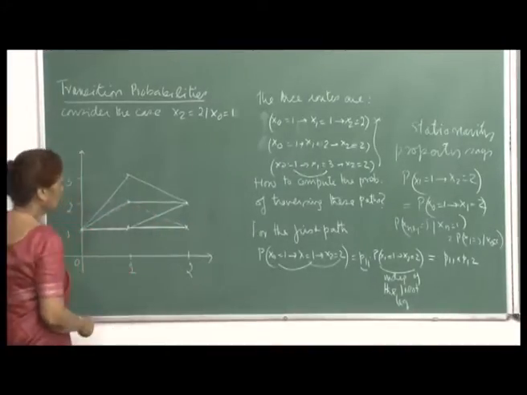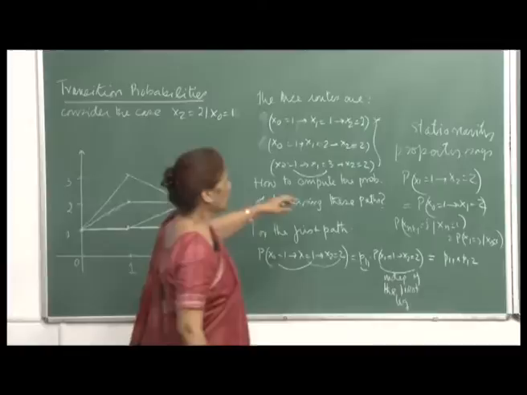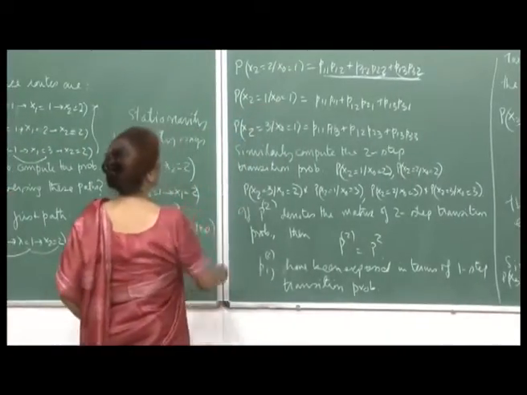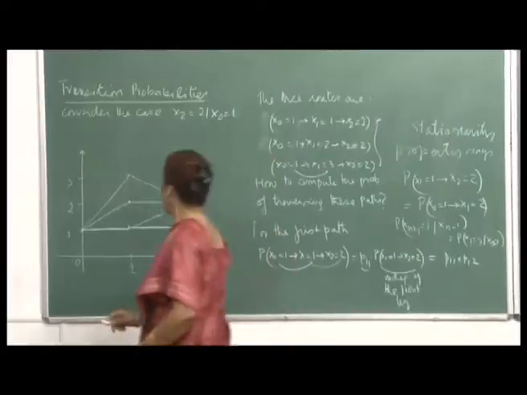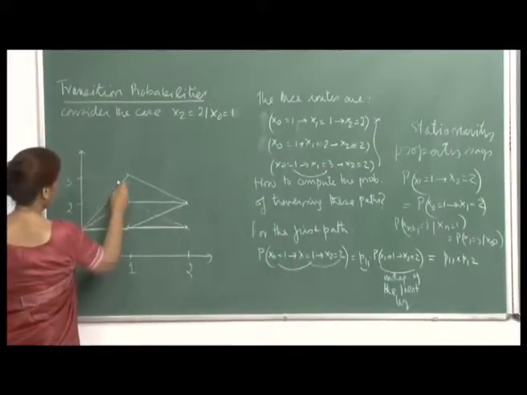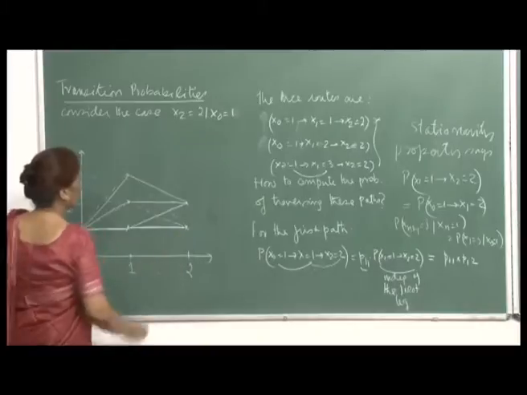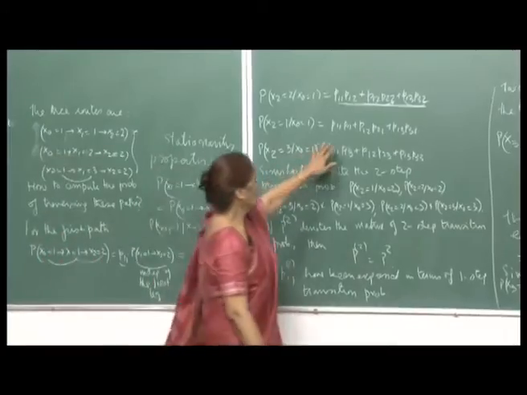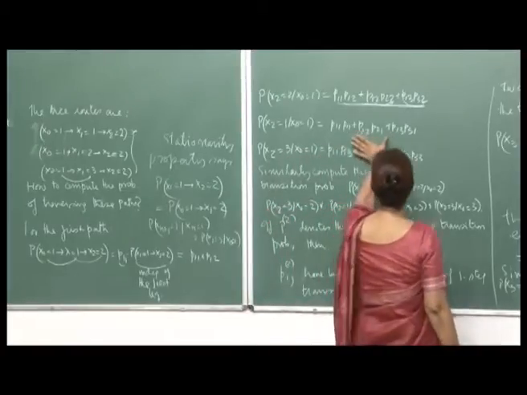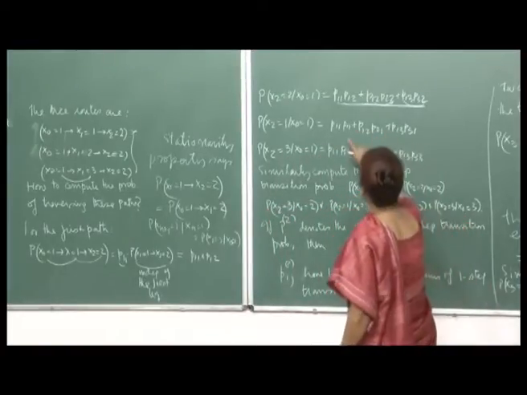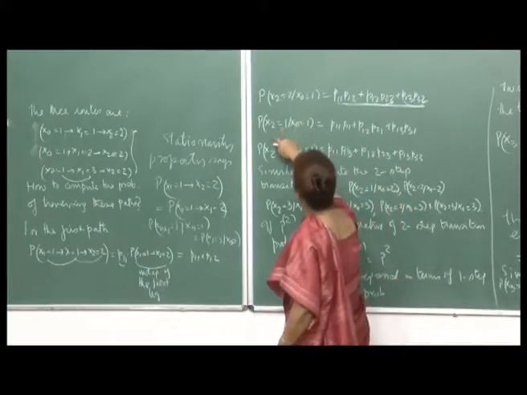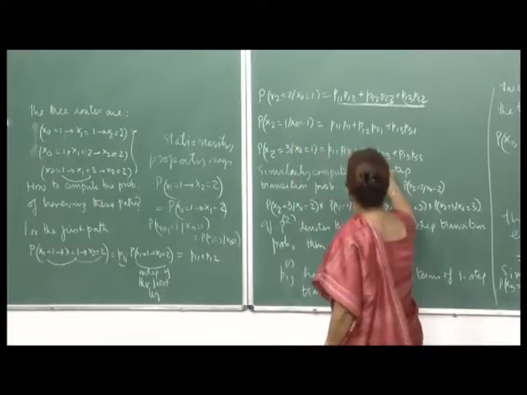So, this is the one, and then the third path would be 1 to 3 and then 3 to 1. So, this will be 3 paths, and for each path you write down the probability. This corresponds to the 3 exclusive paths through which you can go from 1 to 1 in 2 steps, okay. And similarly, this will be 3.